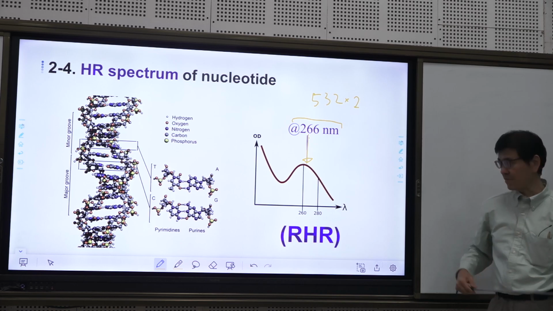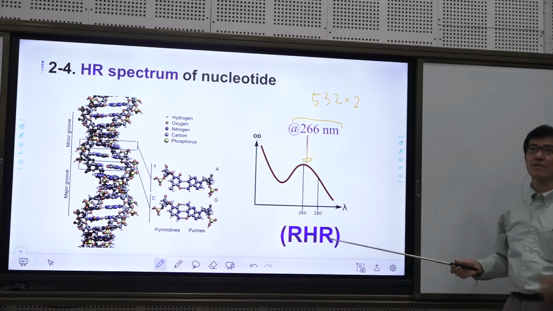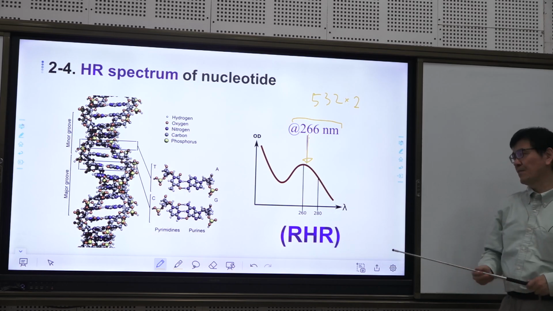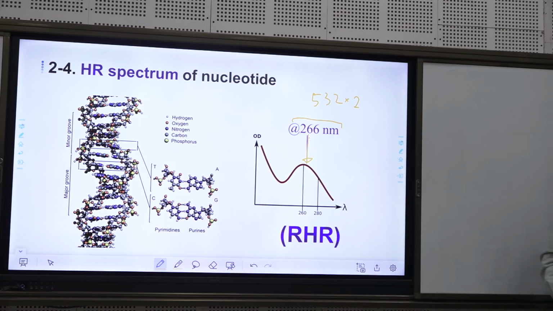In the previous case, the resonance hyper-Raman spectrum was exactly the same as the resonance Raman spectrum. So already I'm pessimistic.